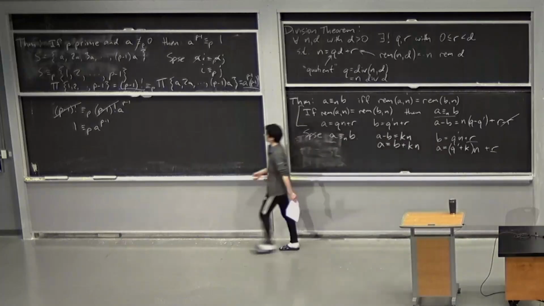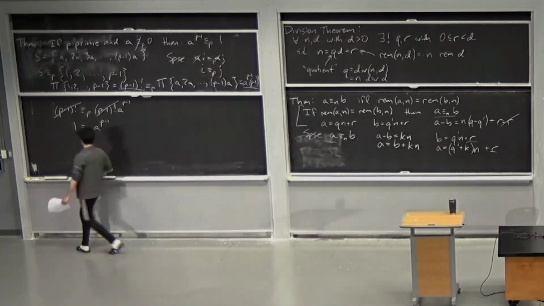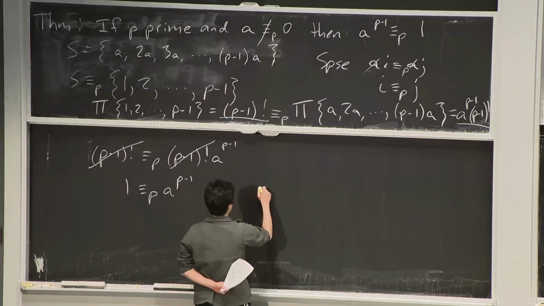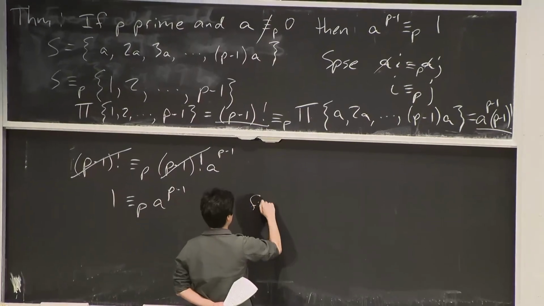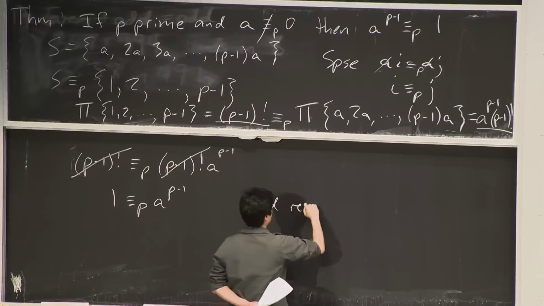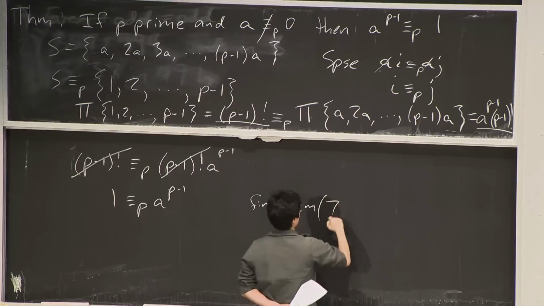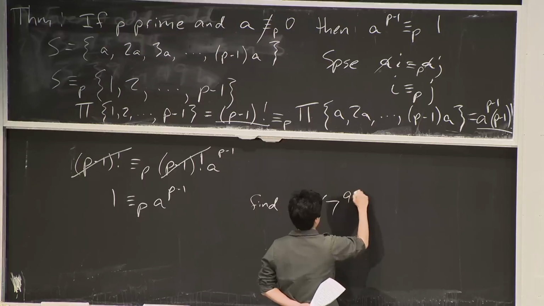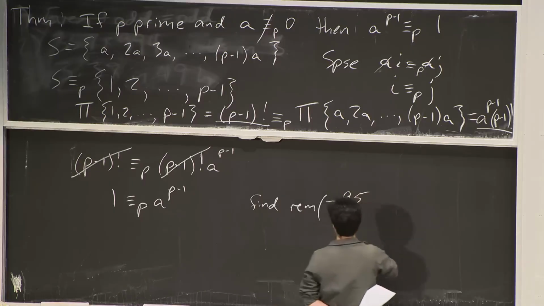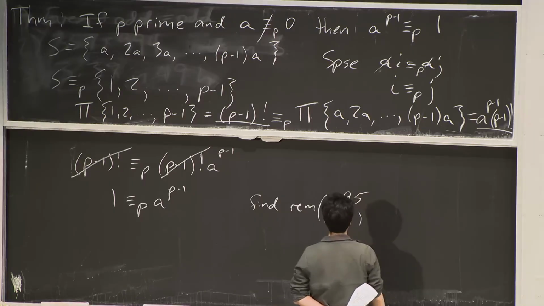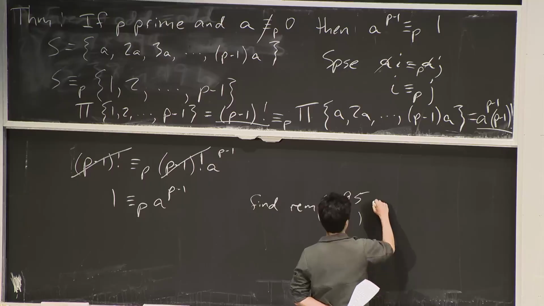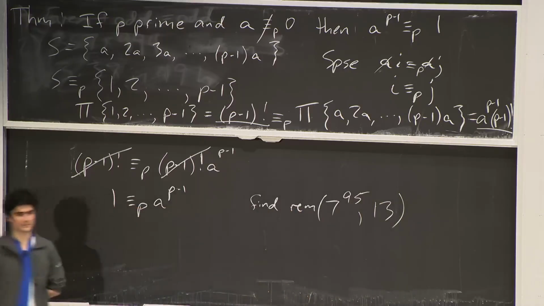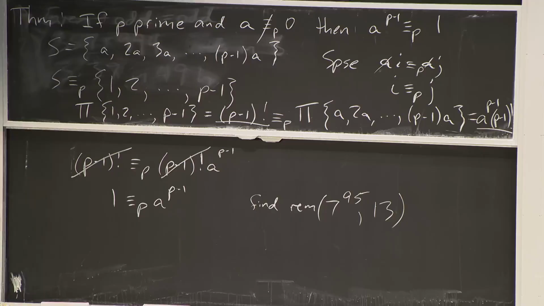So as an example, if we wanted to find the remainder of 7 to the 95 modulo 13, how might we do that?